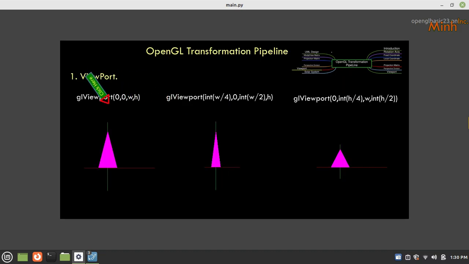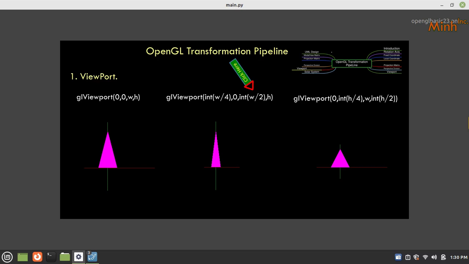Okay, so we'll do some kind of magic with the viewport also. If the viewport is 0, 0 and W and H, window width and height, it would look like this. If the width is width by 2 and the height is height, so we are decreasing the width.